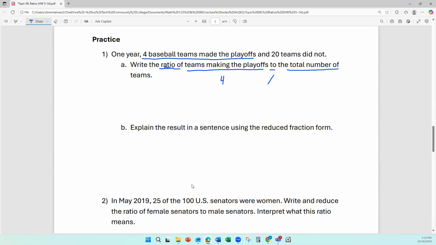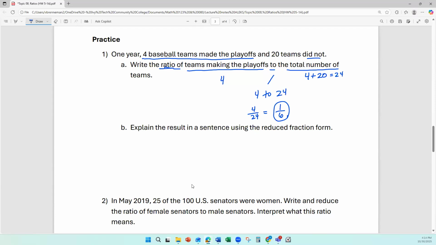Total number of teams. It says 20 teams did not make the playoffs. So the total number of teams is the 4 that made the playoffs plus the 20 that did not. So 24. So this is 4 to 24 in fraction form, 4 over 24, which simplifies to 1/6.